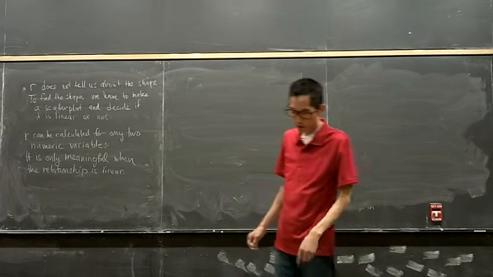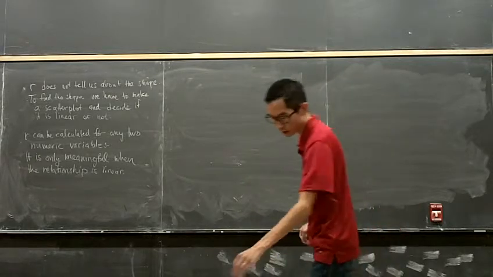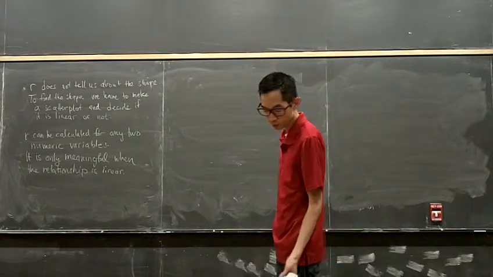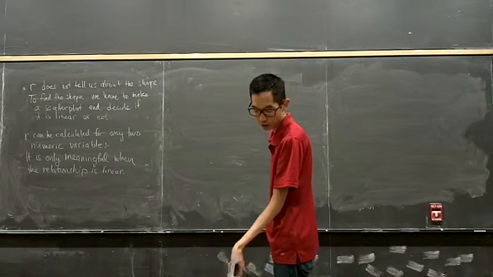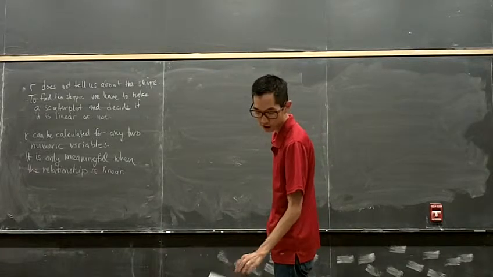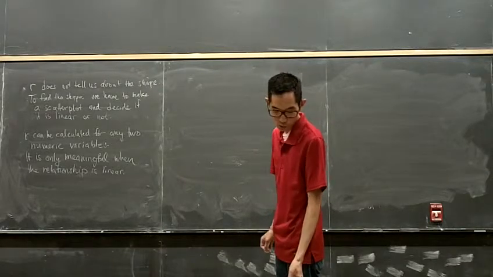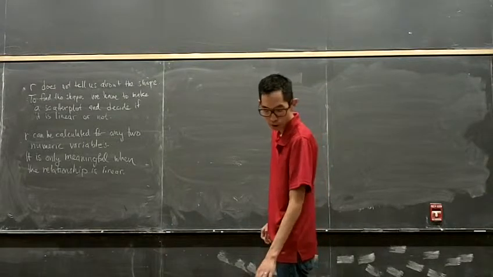okay? So what I want you to do is, as part of your reading, you're going to have to read the chapter, okay? But pay very careful attention to pages 139 and 140, okay?